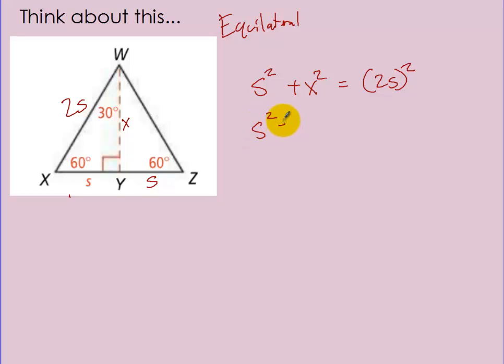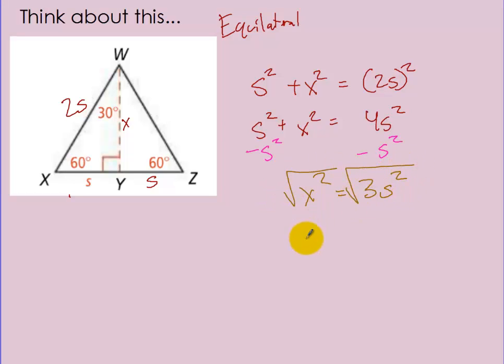So that's going to be s squared plus x squared equals 4s squared. I want to isolate the x, so I'm going to subtract s squared on both sides. What you're going to get is x squared equals 3s squared. Square root both sides. Your x side is going to equal the square root of 3 times the square root of s squared, so just s. So this x is going to equal s square root of 3.